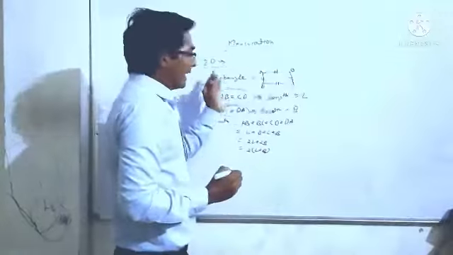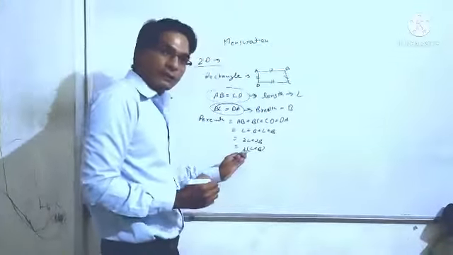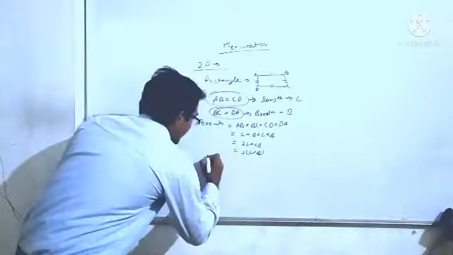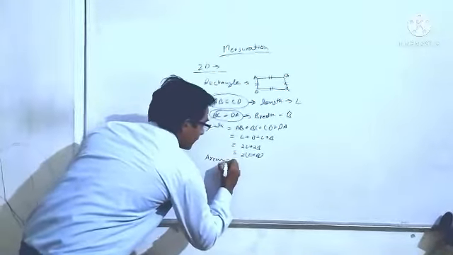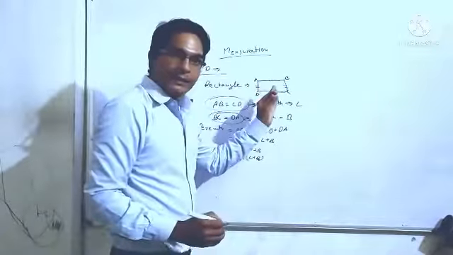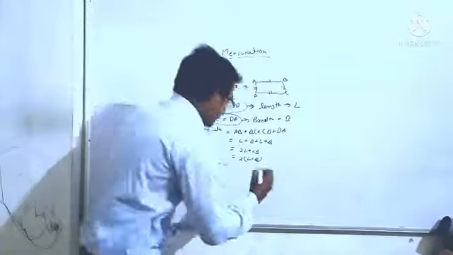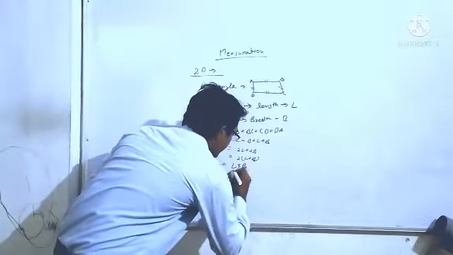So the rectangle perimeter is twice of L plus B, and its area will be the multiplication or product of the sides, L into B.